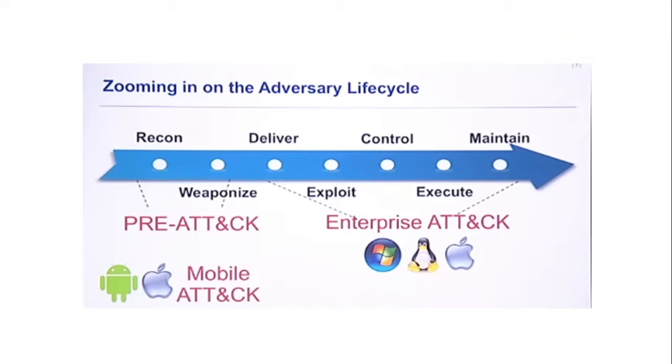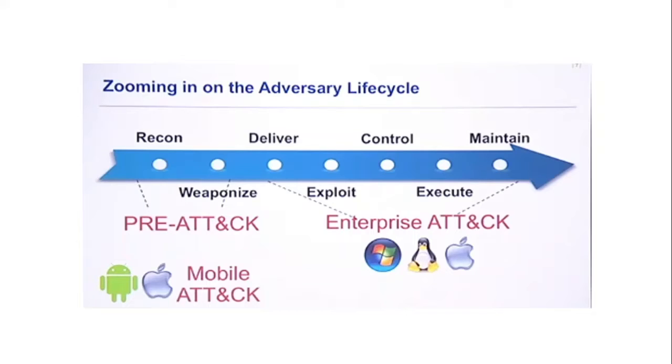So, looking at an adversary's life cycle. An adversary's life cycle begins when an adversary needs to compromise a particular target. The first thing they need to do is gather information about the target, which is their recon, and after gathering information, they need to weaponize or use the information they have gathered in order to deliver their attacks.